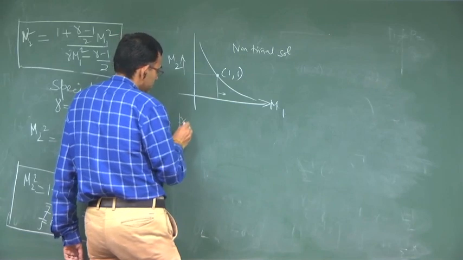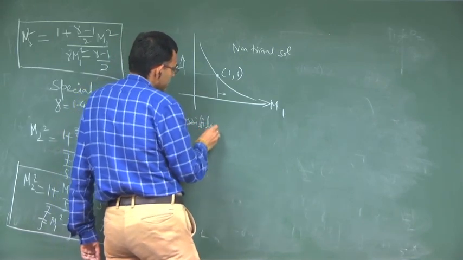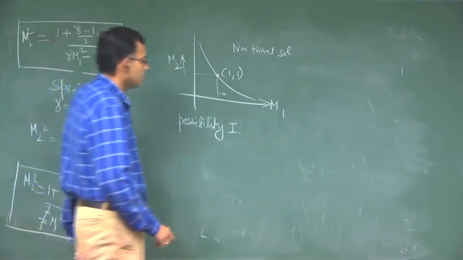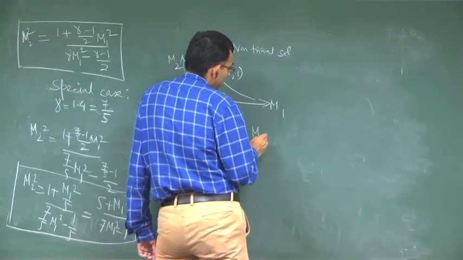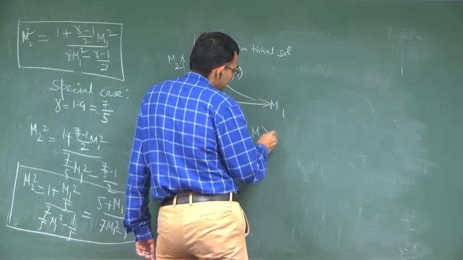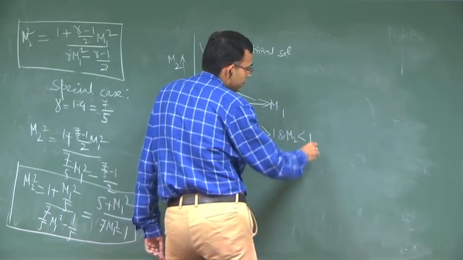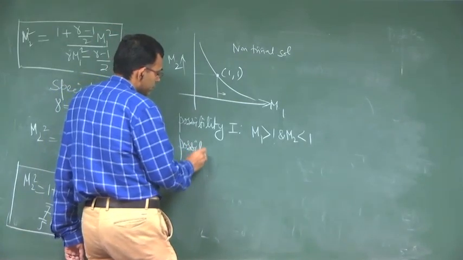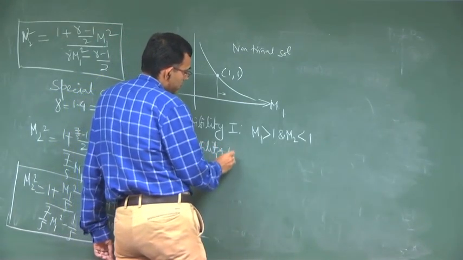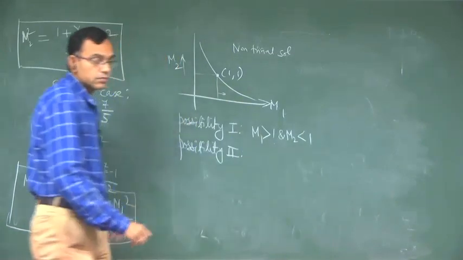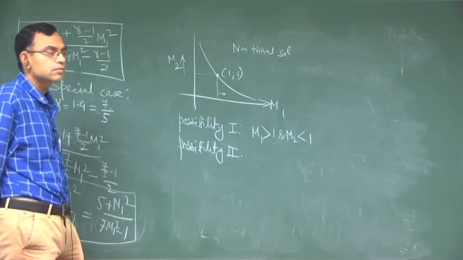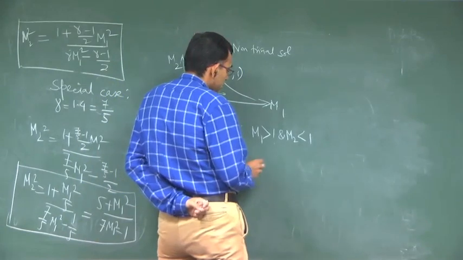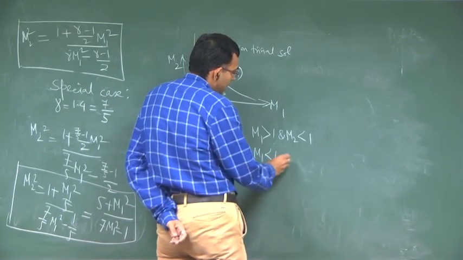Possibility 1, m1 greater than 1 and m2 less than 1, and possibility 2, m1 less than 1 and m2 greater than 1.